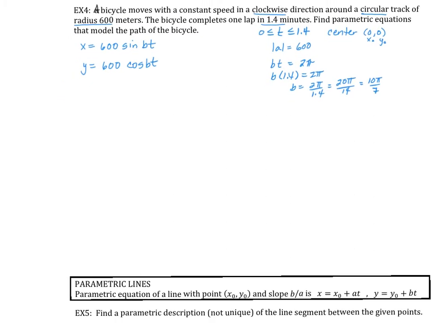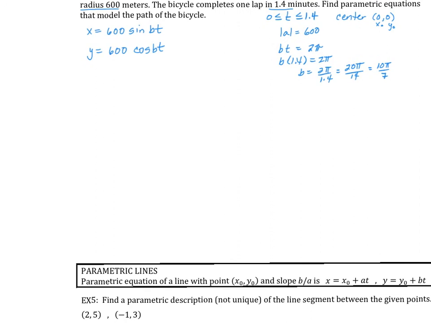Now that I have my b value, I can write my equation, which would be x equal to 600 sine of 10 pi over 7t, y equal to 600 cosine of 10 pi over 7t, where the t values are going from 0 to 1.4.